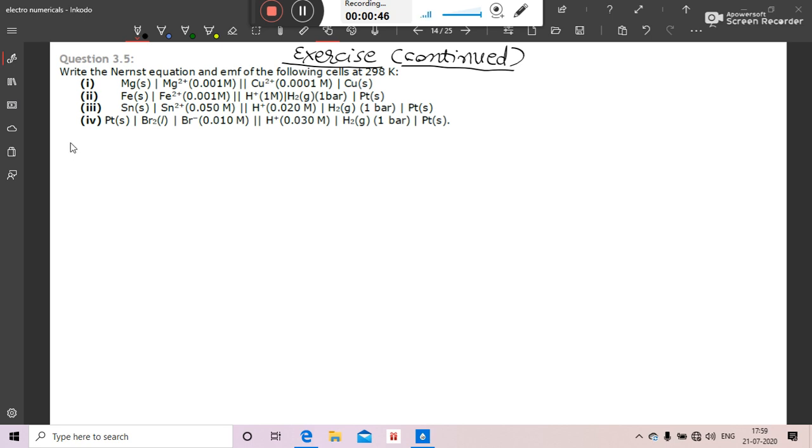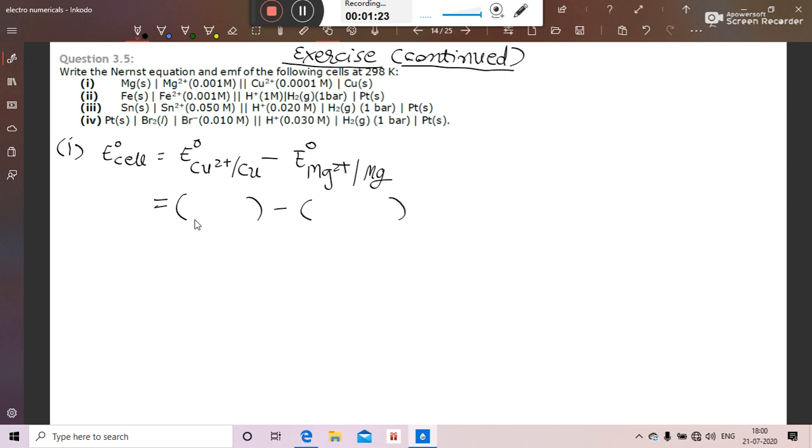So in case of the first one, first of all let us find out E naught cell. E naught cell equals the standard reduction potential of the cathode, where the cathode is copper, so we'll write Cu2+/Cu, minus the reduction potential of magnesium, E naught of Mg2+/Mg.